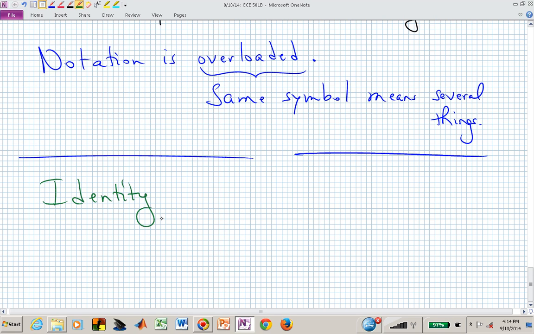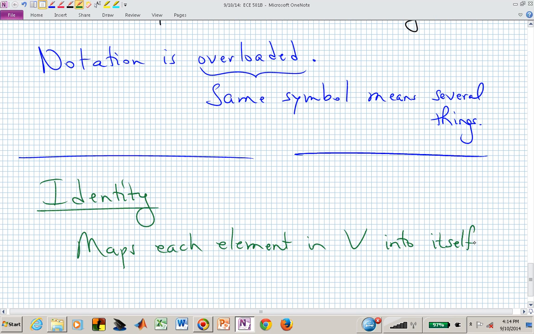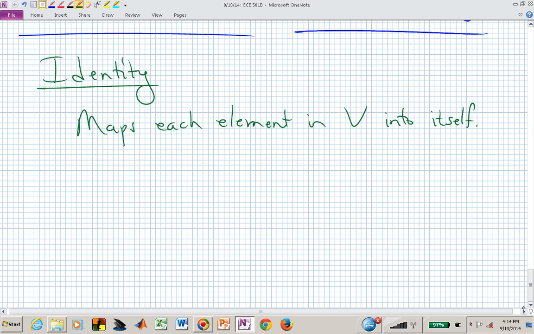We could have the identity map. This actually maps each element in the vector space V actually back to itself in V. There, the domain and the codomain are the same.